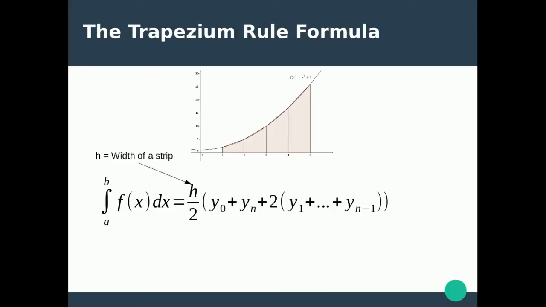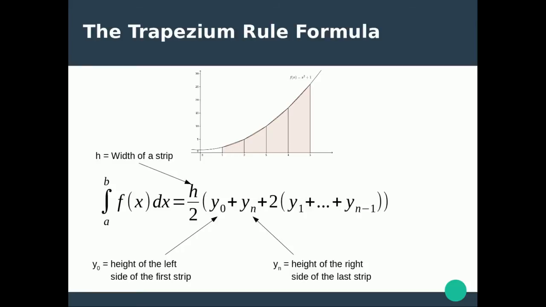So h is the width of a strip, and y0 is the length of the left hand side of the first strip, yn is the right hand side of the last strip, and y1 to yn minus 1 are the heights of the sides all in between the first and last strip.